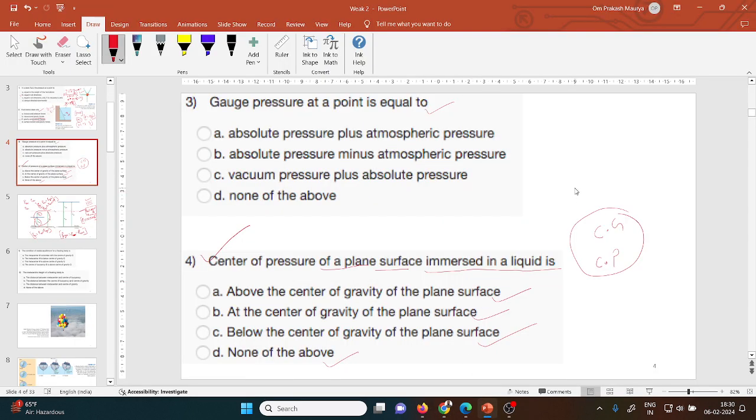So what actually is the center of pressure? The plane surface, let us suppose this type of plane surface, some random plane surface, or you can also imagine a rectangular one for simplicity. The center of pressure of a plane surface immersed in a liquid: let us suppose this is a liquid and I have immersed one plane surface.